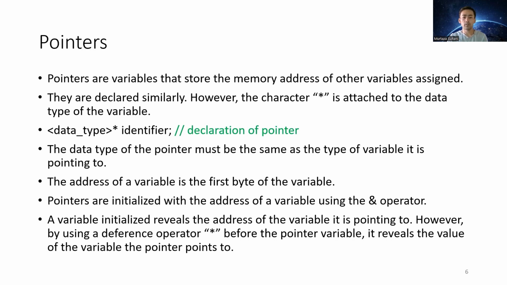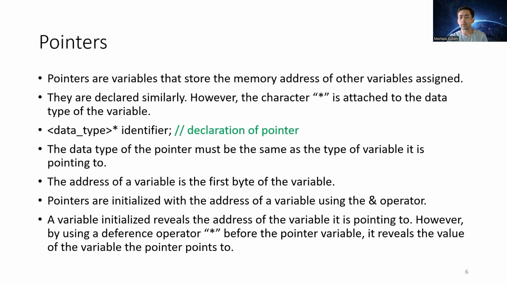So we can declare the pointer similar to other variables. However, the data type of the pointer must be the same as the type of the variable that it is pointing to. So we have a variable which is declared and it has an address in the memory.